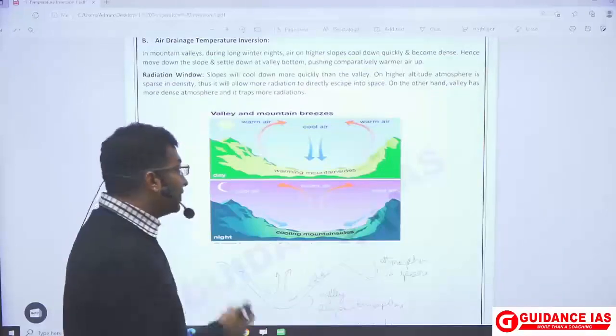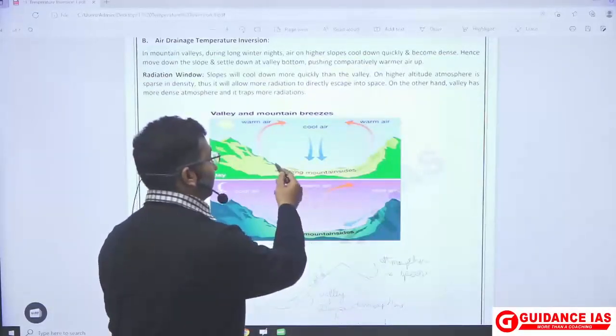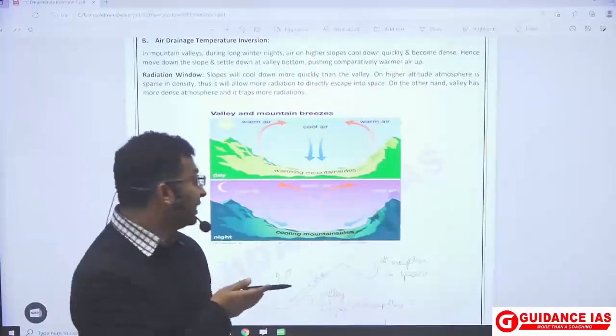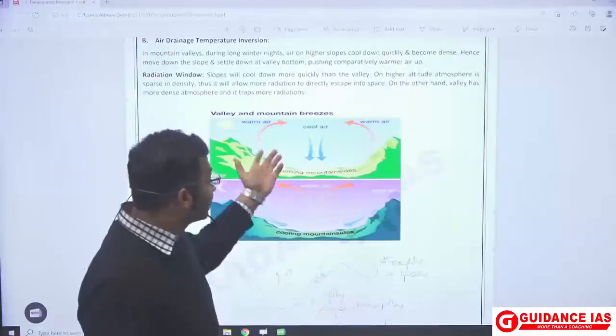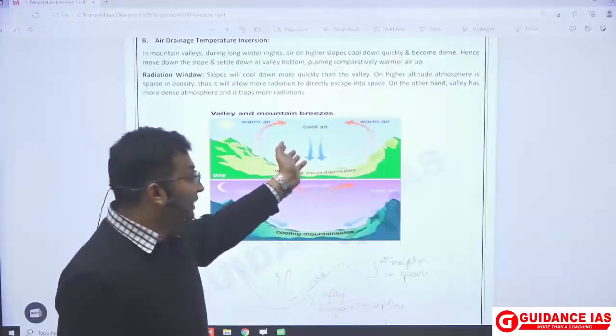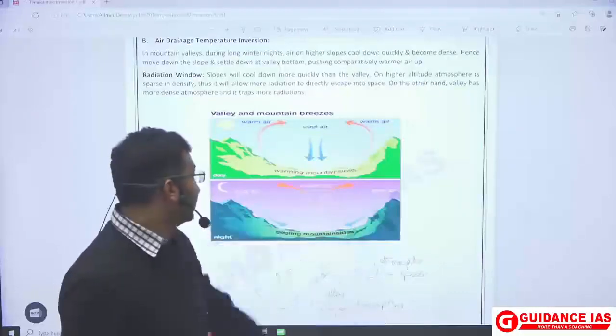In the normal situation during daytime, the earth surface at the valley bottom gets heated, which heats the atmospheric layers above, and the warm air rises due to less density and expansion, whereas the cool denser air sinks.